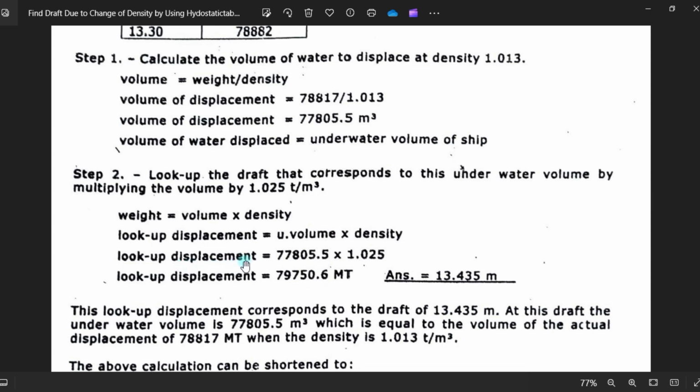The underwater volume is 77805.5 times the density of 1.025, and the lookup displacement will be 79750.6, and the corresponding draft would be 13.435 if we are floating at the density of 1.013.